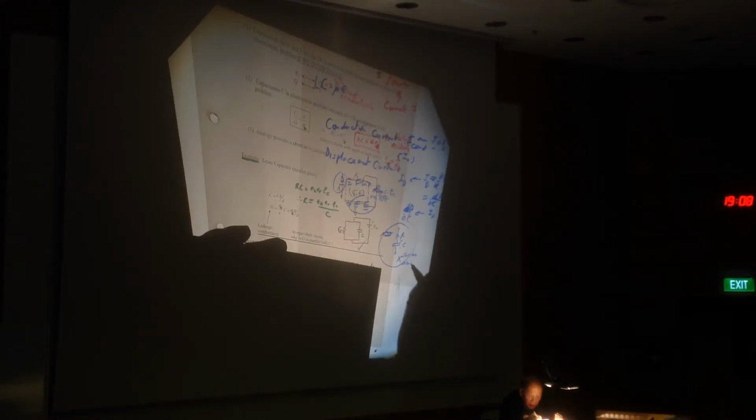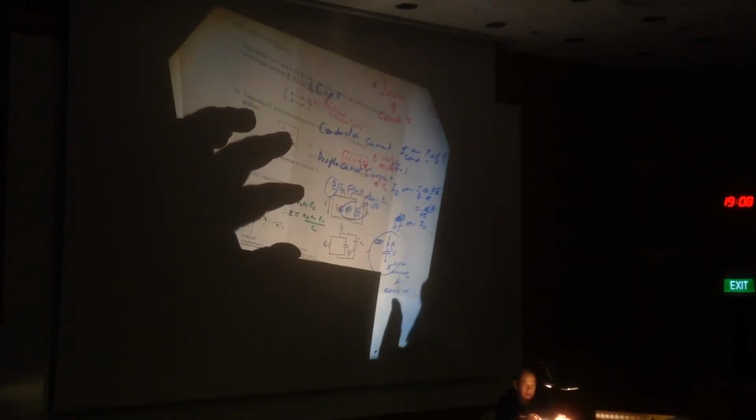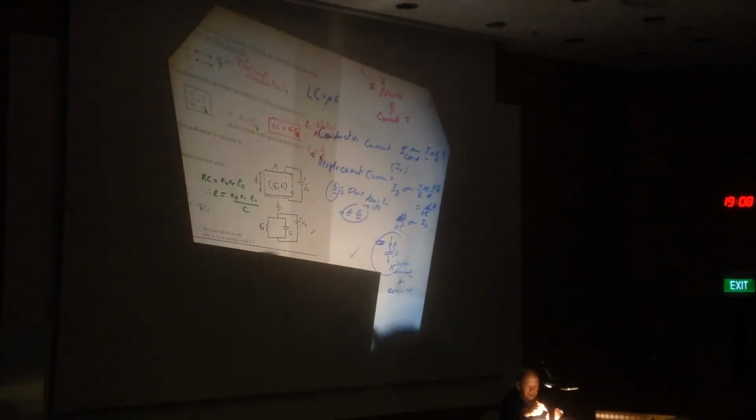So for the equivalent circuit of a lossy capacitor, you must have a parallel branch to represent the loss across the capacitor, which is charged. The capacitor is charged with voltage V. So R, also equal to 1 over G, is in parallel.